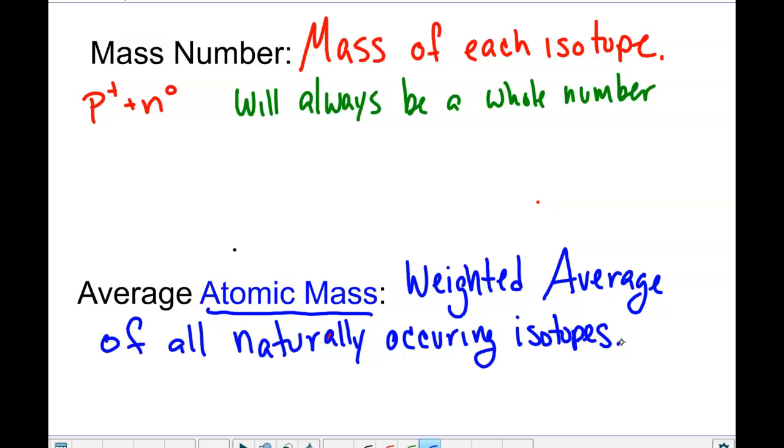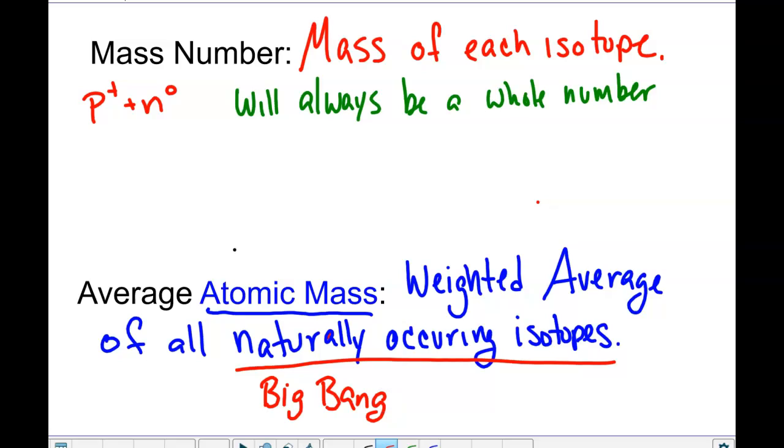We as humans figured out what atoms are made out of, so then started making our own using a particle accelerator in order to do that. But when we talk about the average atomic mass, we are just talking about the naturally occurring isotopes, the ones created during the Big Bang. So the ones that are just naturally here in our universe, all right?